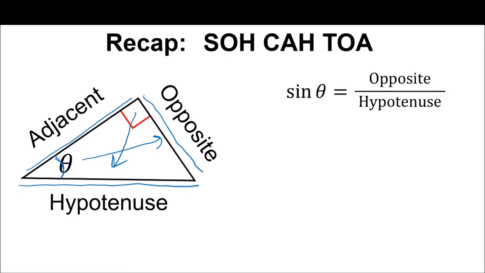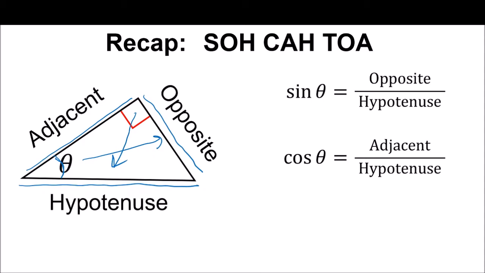So that's SOH. And then we got CAH: cosine of that angle is adjacent over hypotenuse. And then TOA, T-O-A, that means tangent is opposite over adjacent. So again, we use these ratios to calculate things about right triangles.